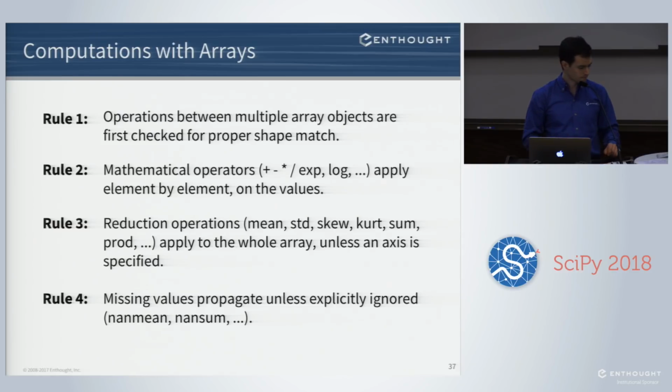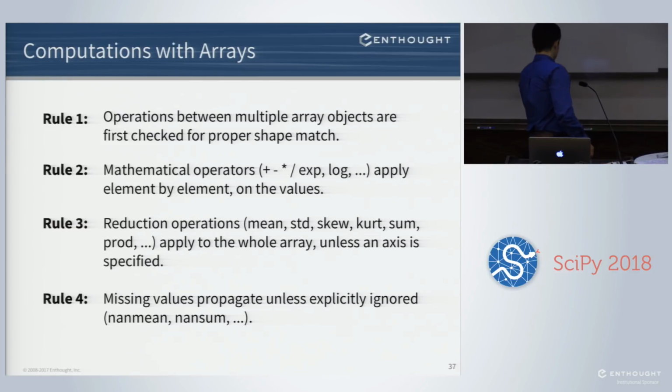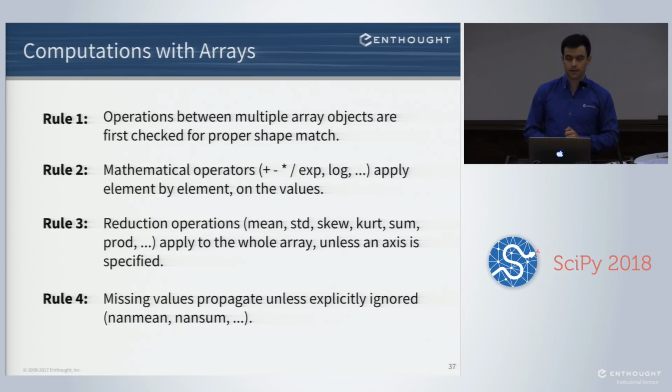Rule number 1 is super important: every time you do operations between arrays, the first thing that NumPy does is check that their shapes match. The rules for this are called broadcasting rules.